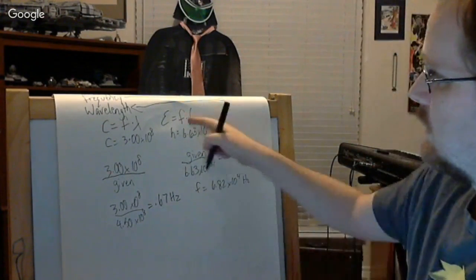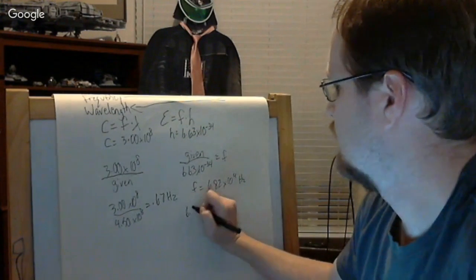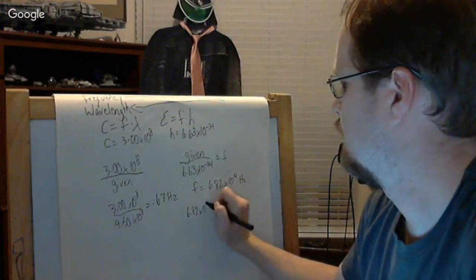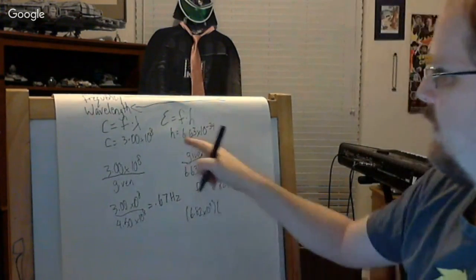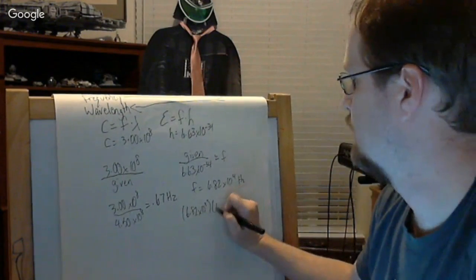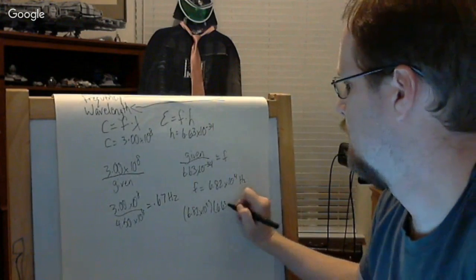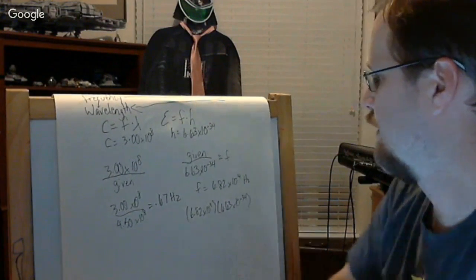So that's frequency going into here. What I'm going to do is take 6.82 times 10 to the 4th and multiply it by h. Remember, this number will be given to you on the test. So 6.63 times 10 to the negative 34th.